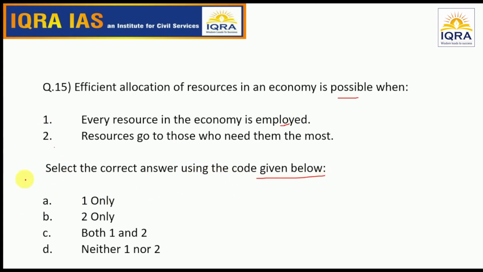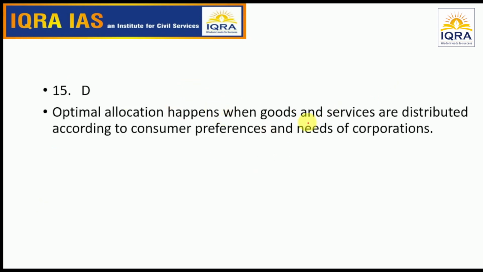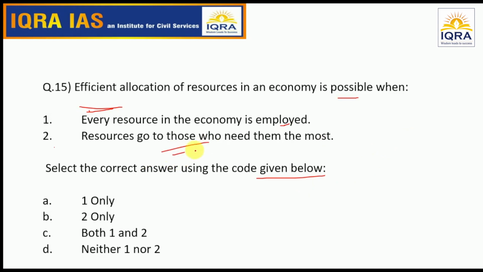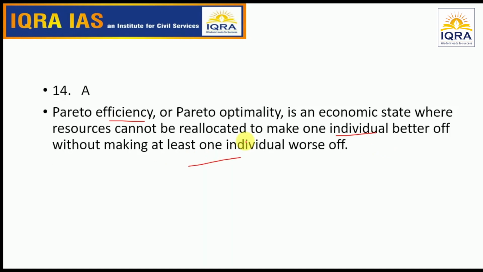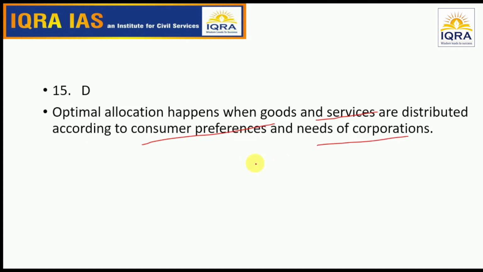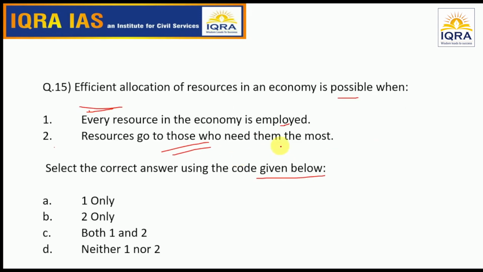Actually both are wrong, because efficient allocation of resources in general refers to when goods and services are distributed in accordance with consumer preference or need of corporations, not on someone's need, rather on consumer preferences. So the statement is not correct in both cases.